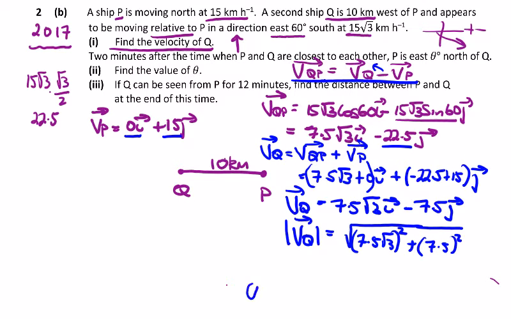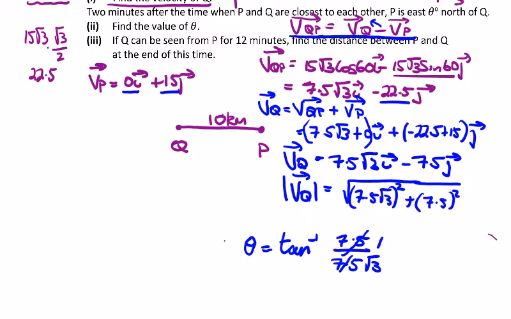and the angle theta we'll call is equal to the inverse tan, the direction it's traveling, of 7.5 over 7.5 root 3. Oh, that's the same as 1 over root 3, so theta is equal to 30 degrees, and the magnitude of the velocity of Q using a calculator works out to be an even 15 kilometers an hour.